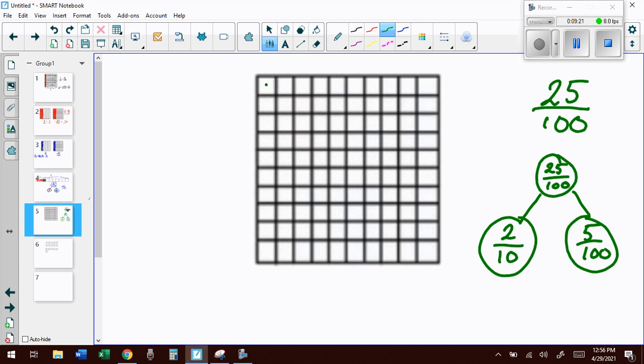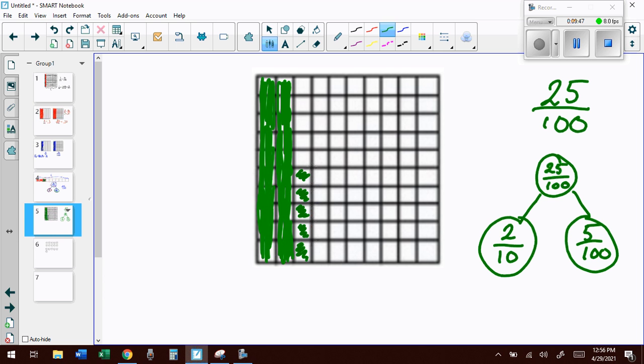I'm going to shade in one set of 10, 2 sets of 10, and then 5 individual units. 1, 2, 3, 4, and 5.